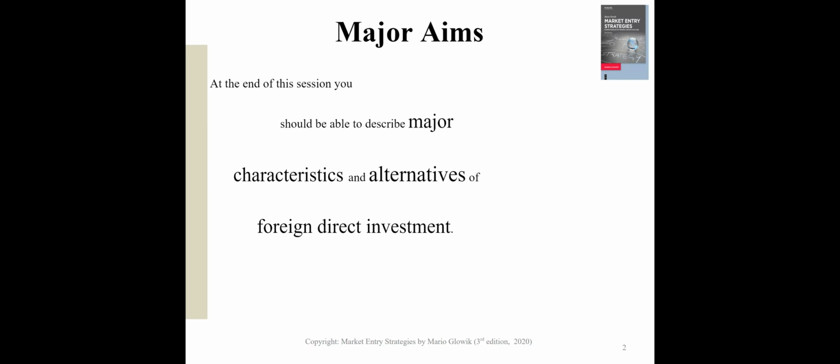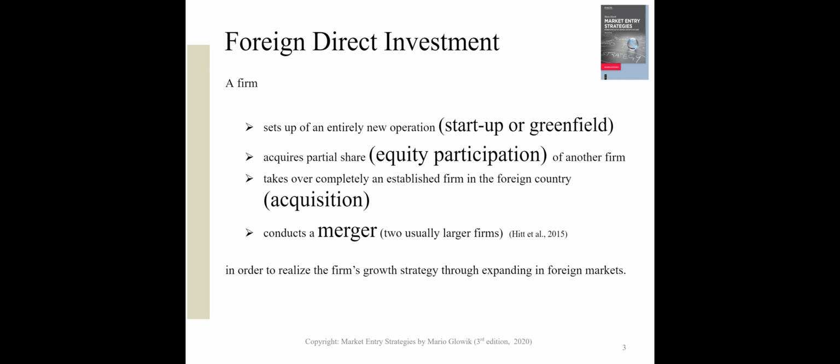At the end of this session, we should be able to describe major characteristics and alternatives of foreign direct investment. When we talk about foreign direct investment, the firm has four major possibilities.